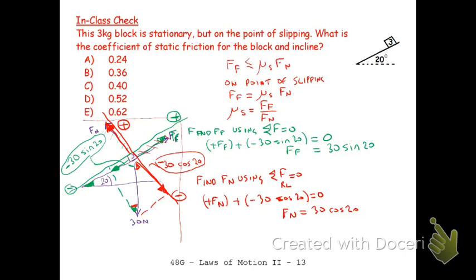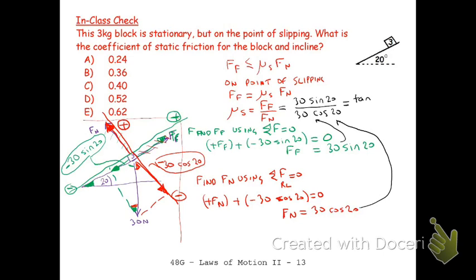I didn't work out these numerical values because I want to show you something. So let's bring that up here. This equals FF, which is 30 sine 20. And this down here is 30 cosine 20. Well, the 30s cancel. What's a sine theta over a cosine theta?